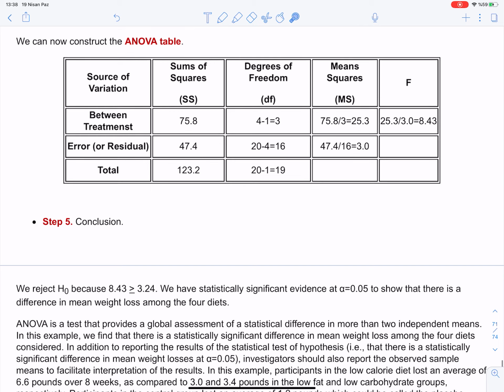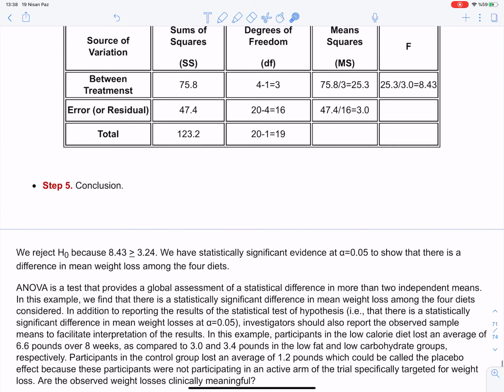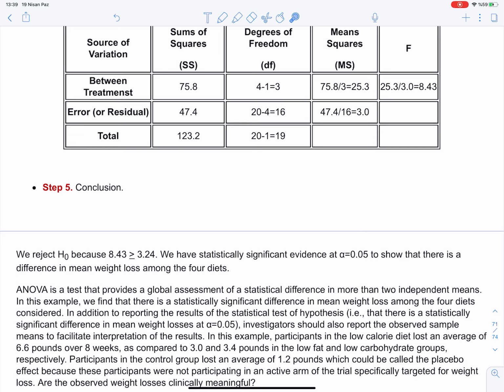Okay, let's read the conclusion for this example from this source. We reject the null hypothesis because 8.43 is greater than 3.24. We have statistically significant evidence at alpha 0.05 to show that there is a difference in mean weight loss among the four diet programs.